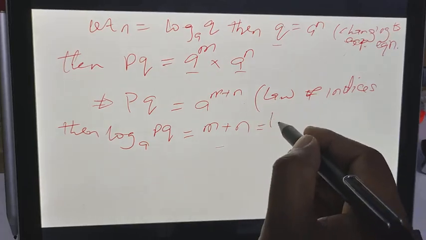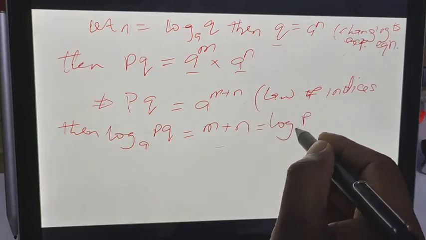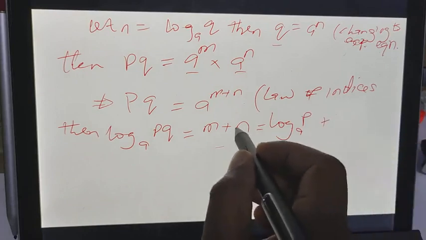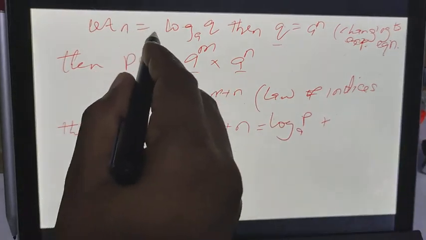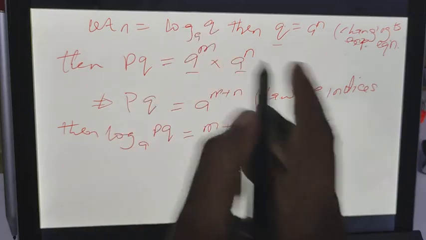Where there's m, we put log p base a, plus, and where there's n, log q base a.